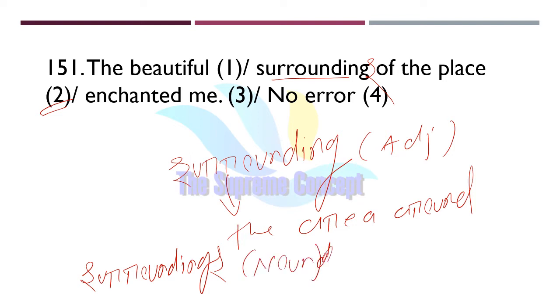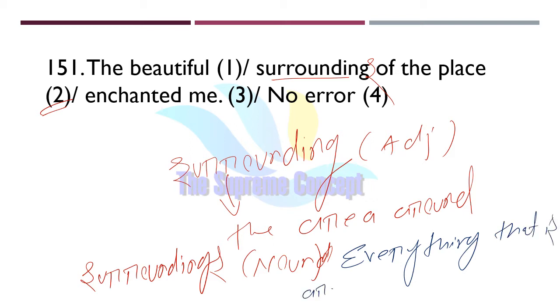Surroundings means everything that is around a particular area or near somebody or something. So we will use surroundings here, not surrounding. So error lies in part number 2 here. Let us move on.